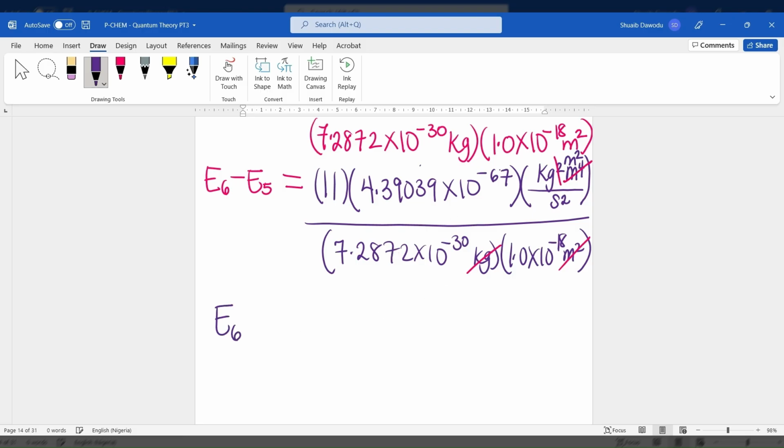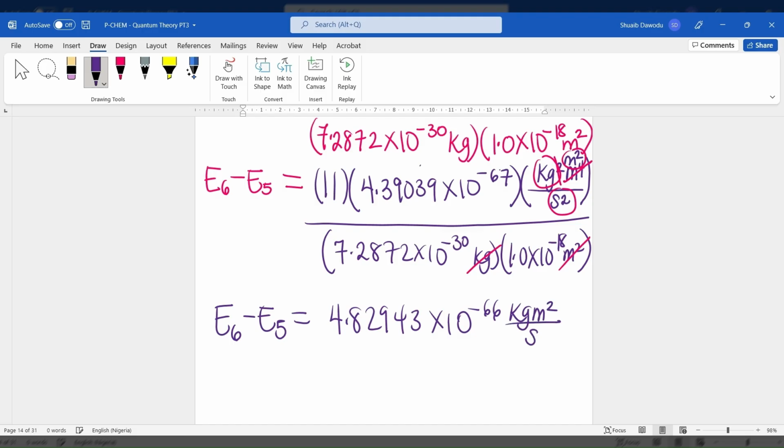So E6 minus E5 would simply be 11 times 4.39039 times 10 to the power of negative 67, which gives you 4.82943 times 10 to the power of negative 66. The unit left here is kilogram meter squared per second squared.